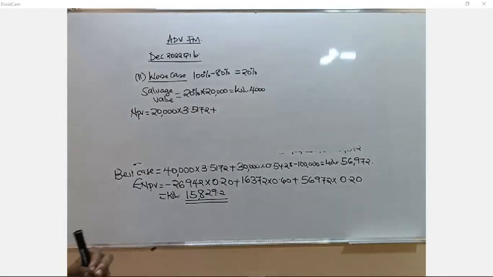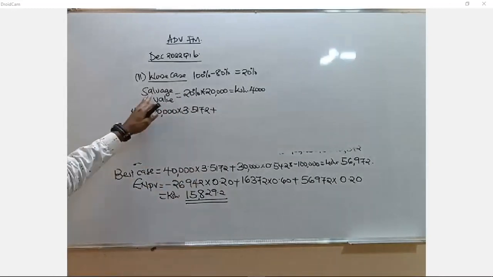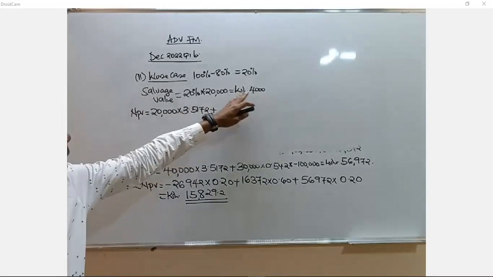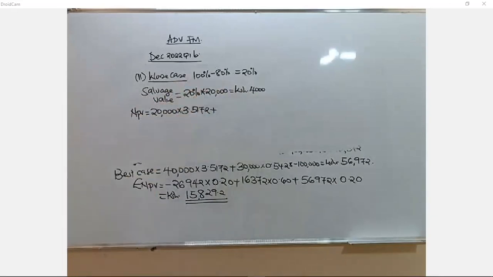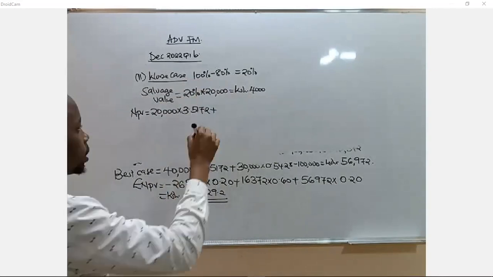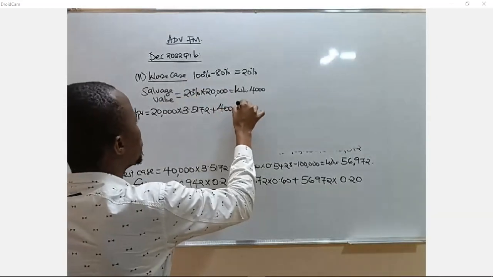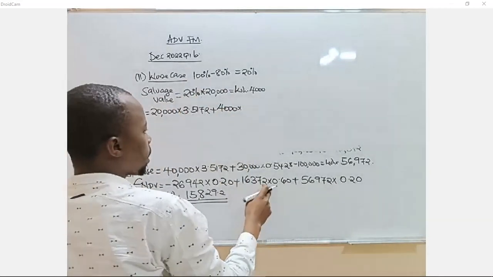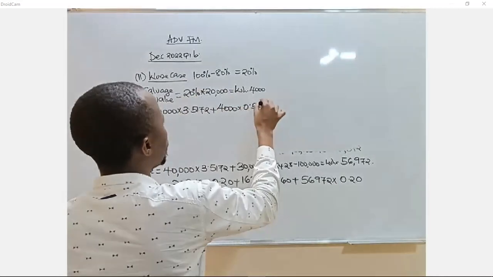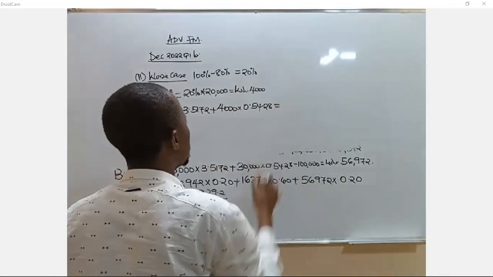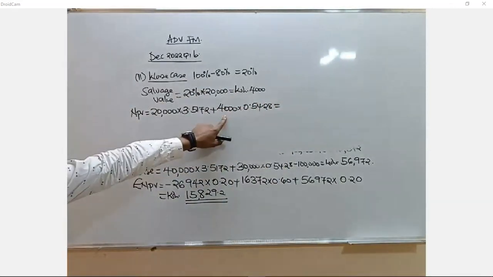Remember that the other time we were doing it with 5,000. Right now we are doing it with 4,000, because we have already considered the salvage values due to the variable changes from the base case. So in this case, it is 4,000. Then we multiply by the discount factor, which remains at 0.45428.